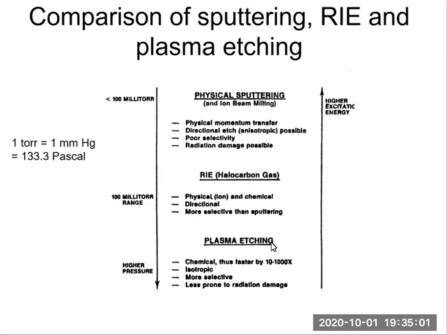And plasma etching, at the other end of the spectrum, is a pure chemical process. Its etch rate is much faster.